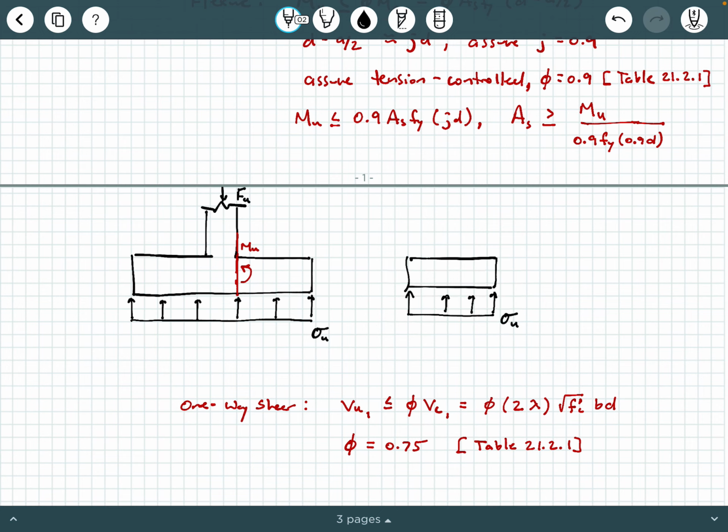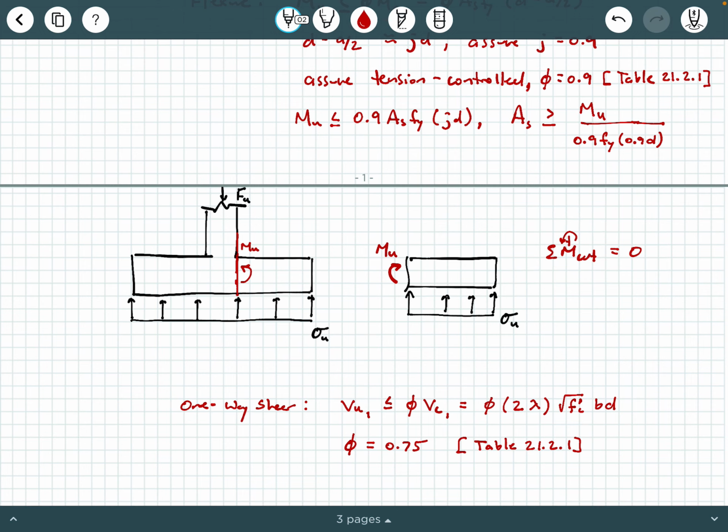What we're going to end up looking at is, what is this MU value right here at this cut section? And so from here, we can say sum of the moments about the cut equals 0. Basically it's just an equilibrium equation, okay?